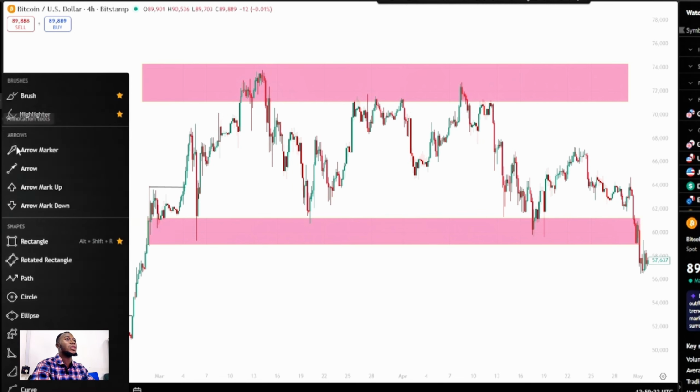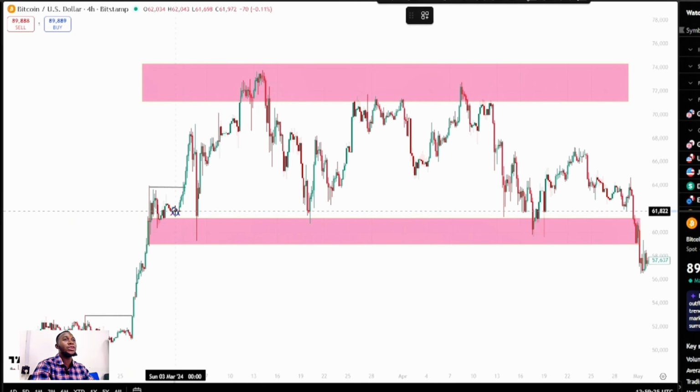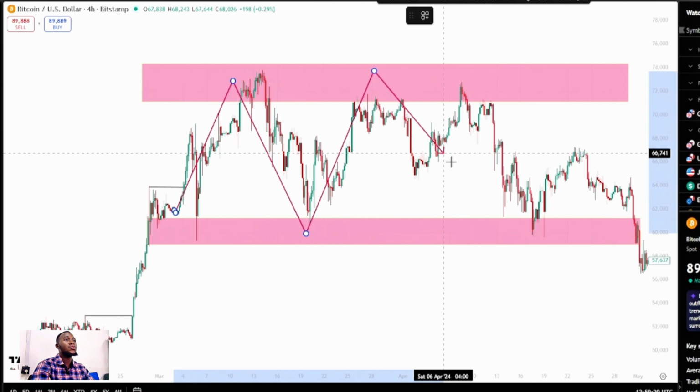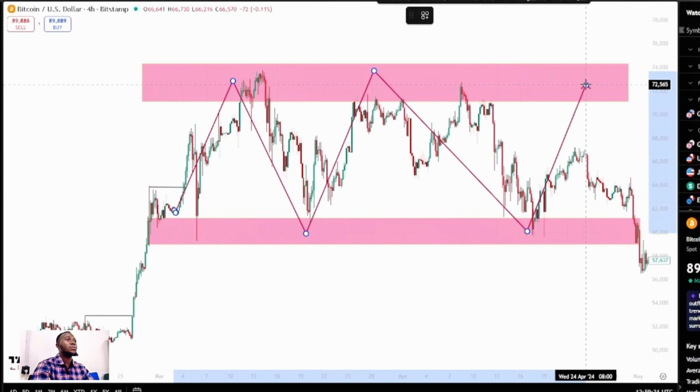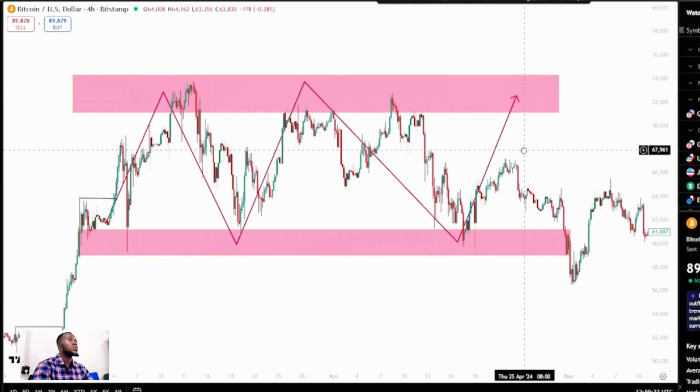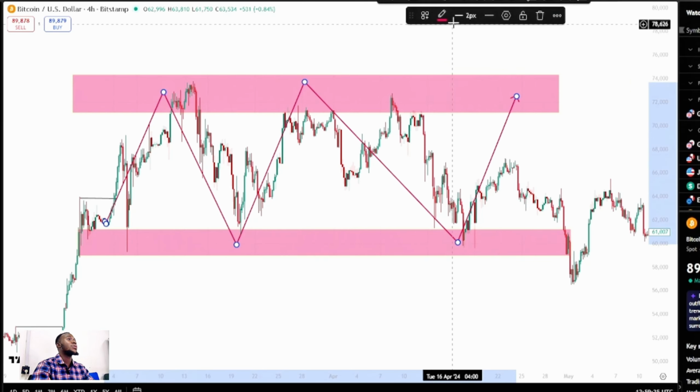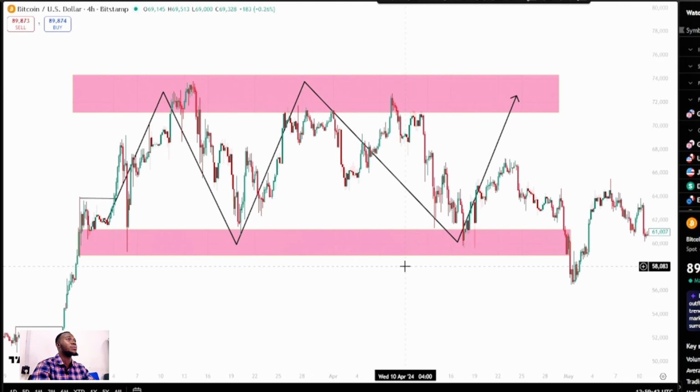Market is not moving in a particular direction. It's just moving from here to here to here to here to here to here. Now, in this kind of market, like I told you guys, I always advise traders, not just SMC traders, to stay away from the market.